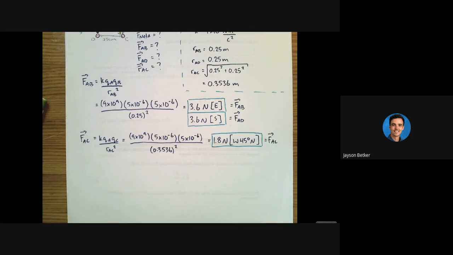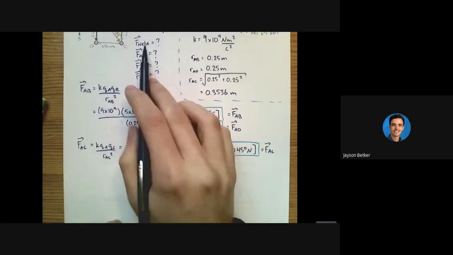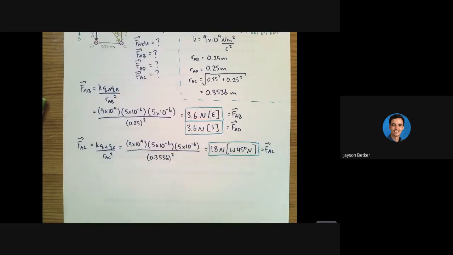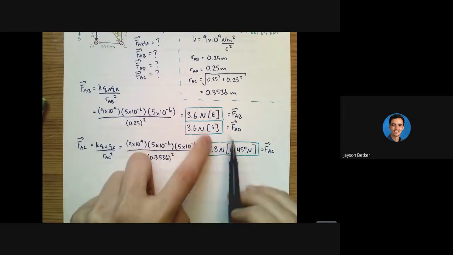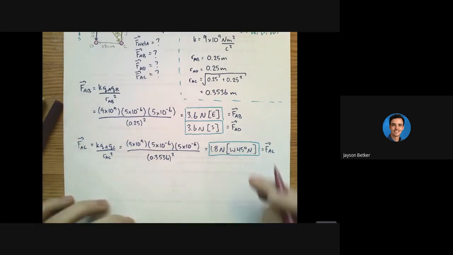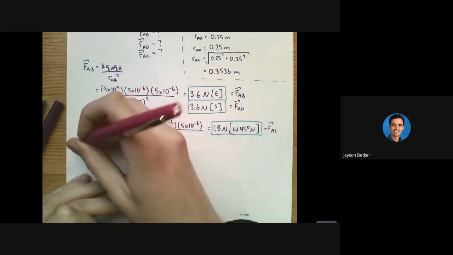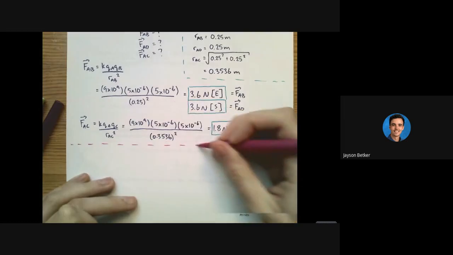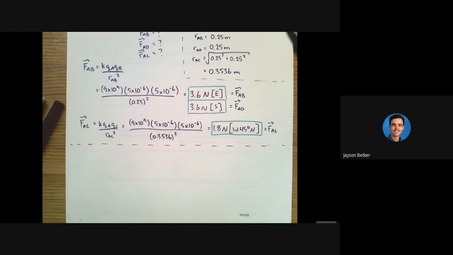Okay, now there's something very, very important that we need to do next. Now we're trying to find F net of A. If I'm ever trying to find the F net of something that's acting in multiple directions, what do I always do? I need to always split it up into its X and Y components.